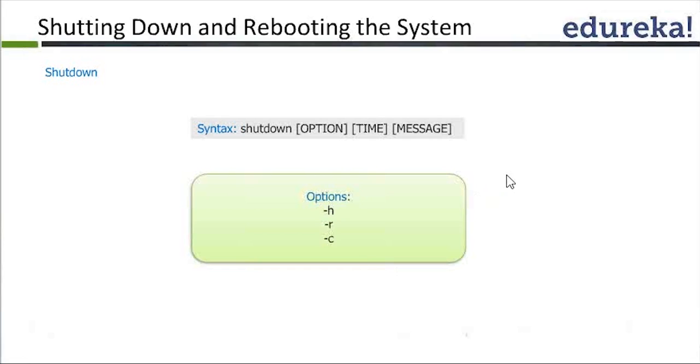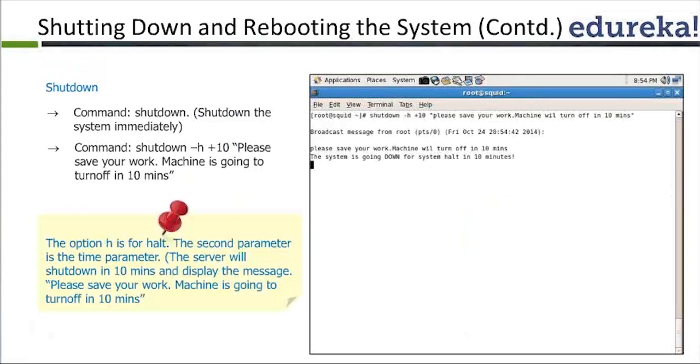The next one is the shutdown command. If you remember the run levels, you can give init 0, or you can go with the shutdown command available in your system, which shuts the system down immediately. There are some arguments available as well. You can run this command with these arguments and also echo a message to the users in the system.